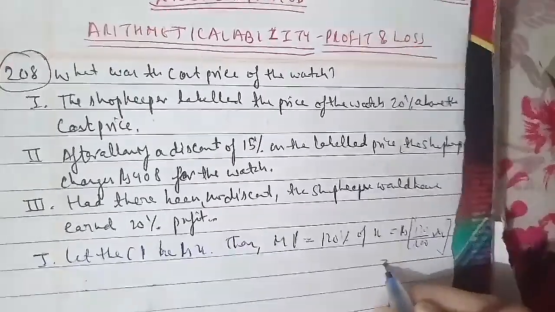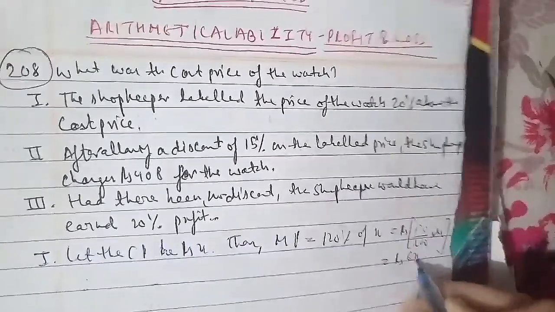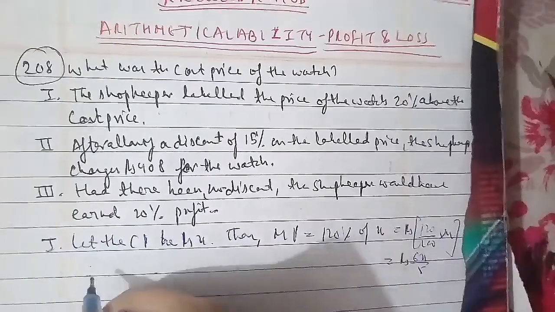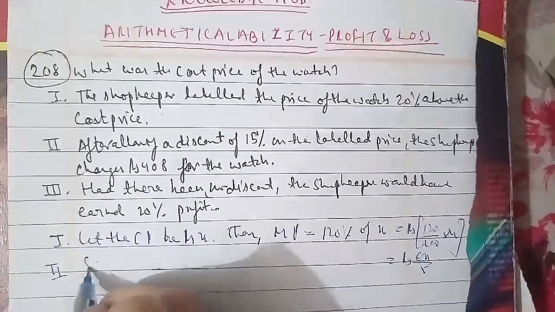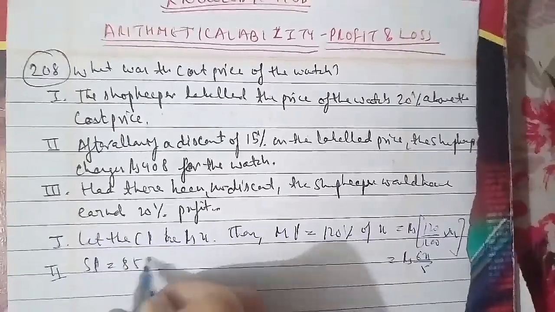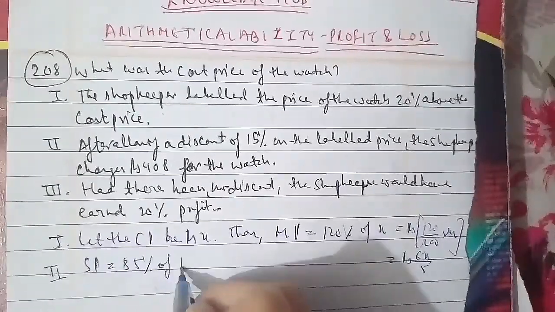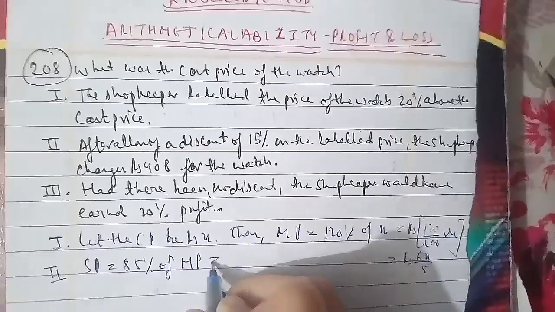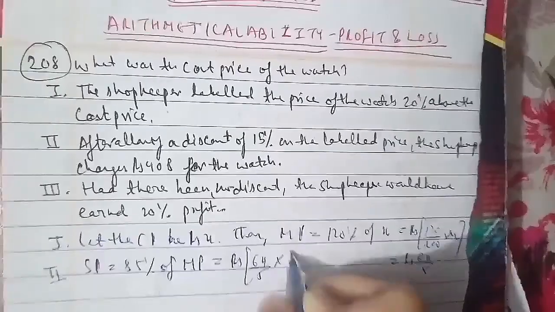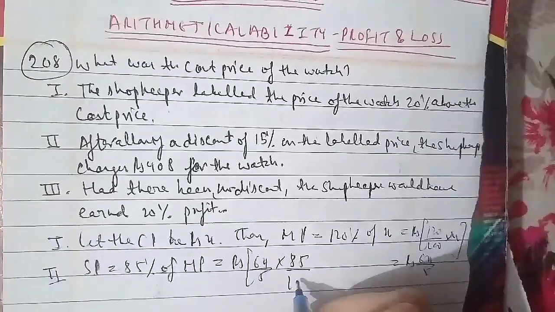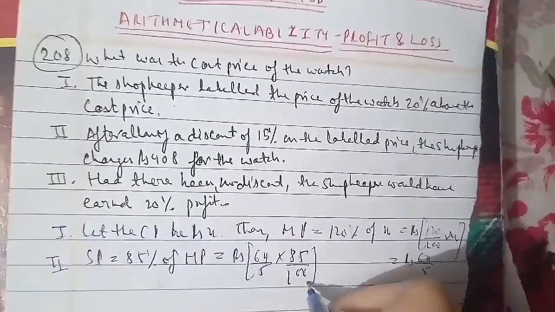According to the second statement, the selling price equals 85% of the marked price, which equals 6X upon 5 into 85 upon 100, which equals rupees 51X upon 60.